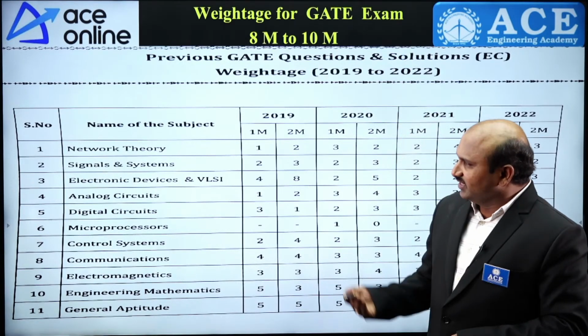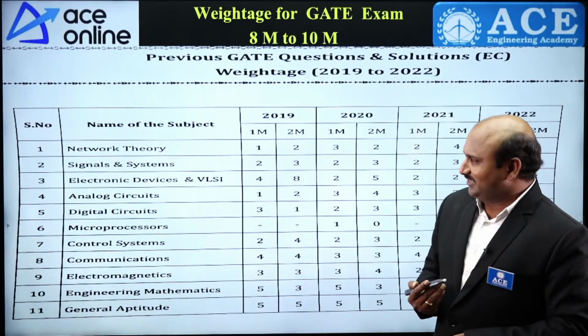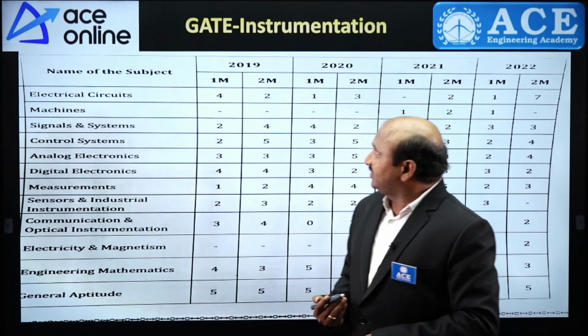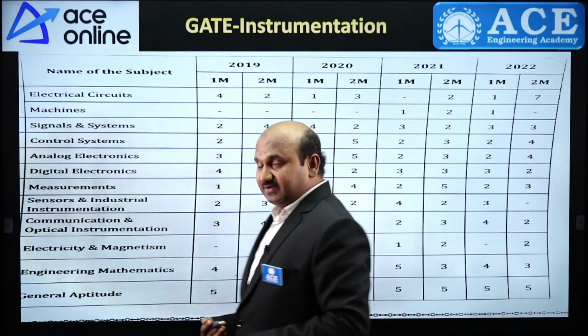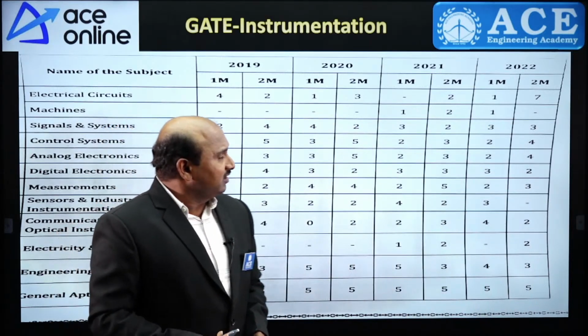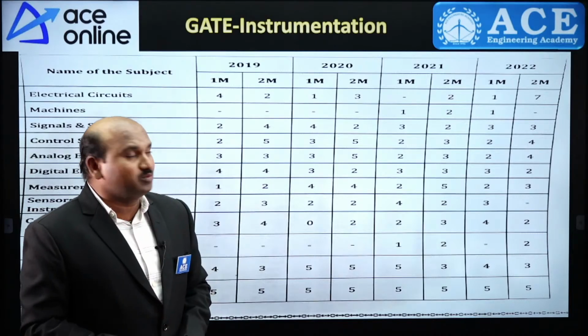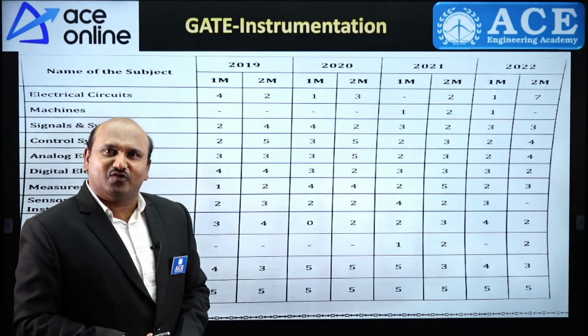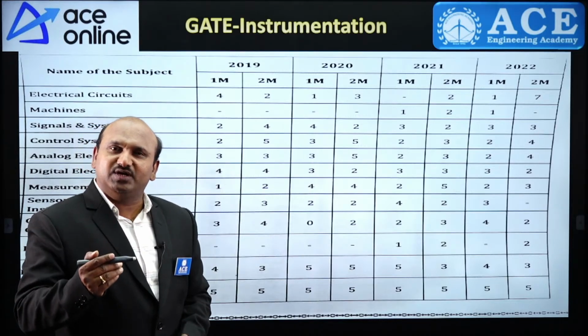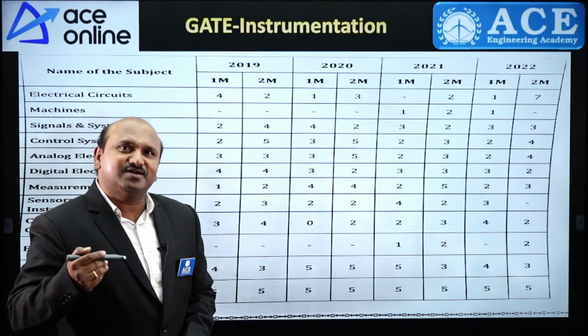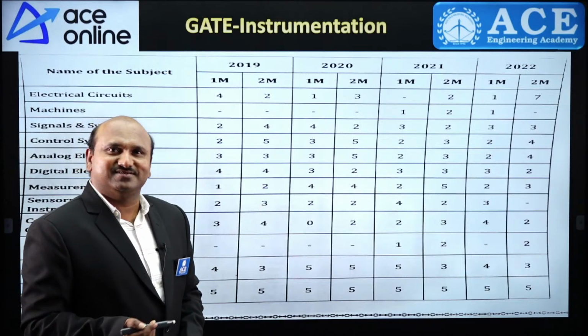That's why you should have strong basics in this subject. For instrumentation, in 2022, the last examination, 7 2-mark questions and 1 mark question were given, and 15 marks came. That's why instrumentation students should concentrate more on the network theory subject.